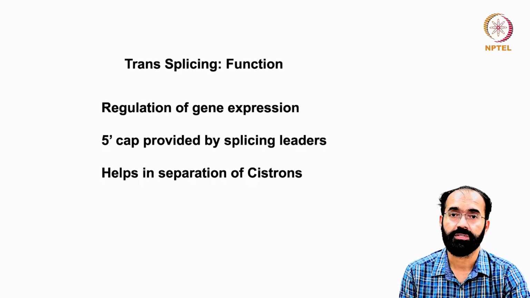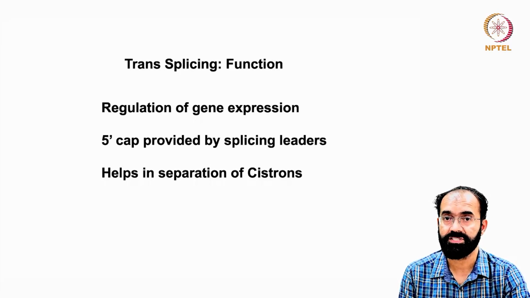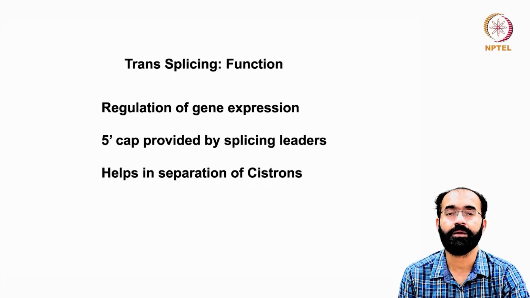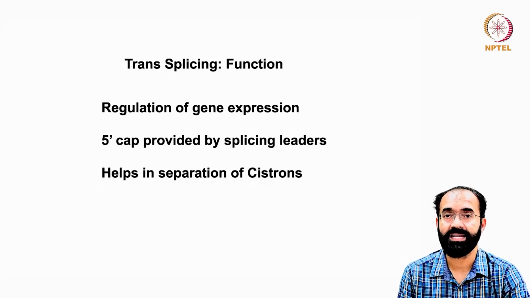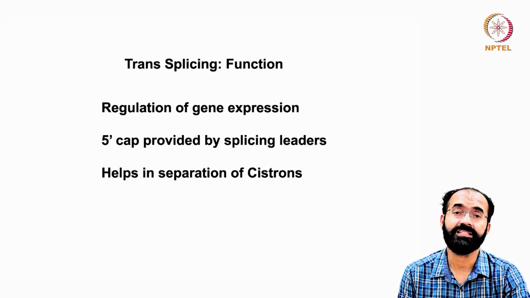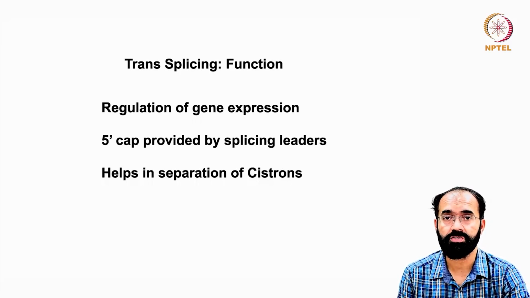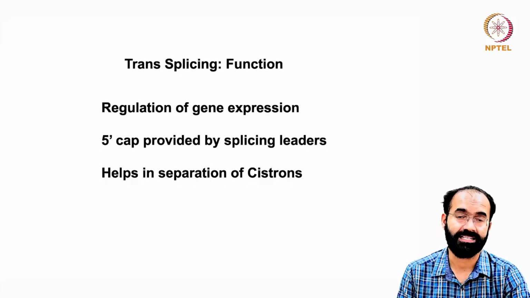If it did, trans-splicing becomes handy, because say two genes are present in one RNA. Gene 1 can be spliced onto a splice leader bearing RNA and get rescued, and then gene 2 also can get trans-spliced onto an SL bearing RNA, and it can save both the cistrons separately. So that is another advantage of having trans-splicing.